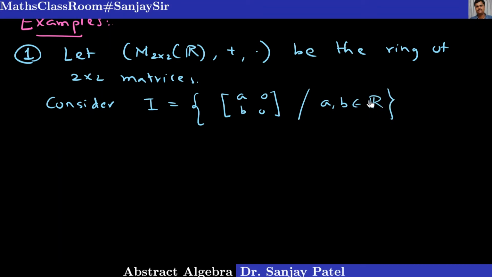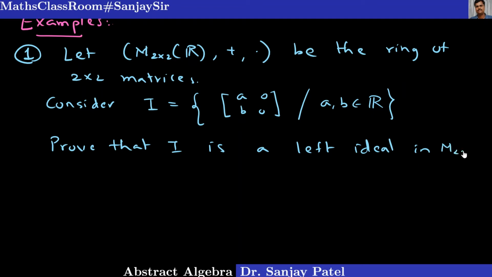Just note that for the real number system we use the symbol script R, and for the ring, simple R. The problem is to prove that this I is a left ideal in the given ring M2x2(R), but it is not a right ideal.